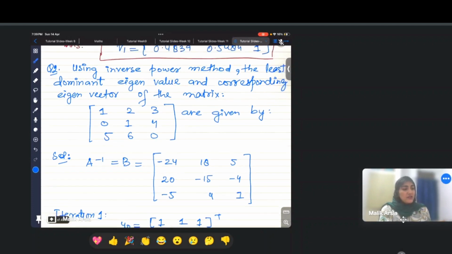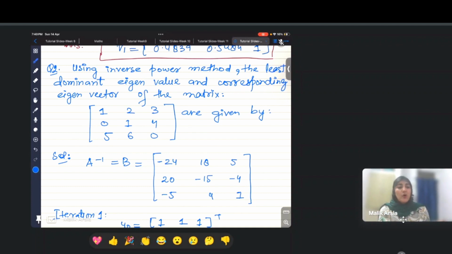Now, the catch here is that for a matrix A, if you have eigenvalues, say lambda 1, lambda 2, lambda 3, then for its inverse they will be 1 upon lambda 1, 1 upon lambda 2, and 1 upon lambda 3. So if you are finding the least dominant for A, it means you have to find the dominant one of A inverse.